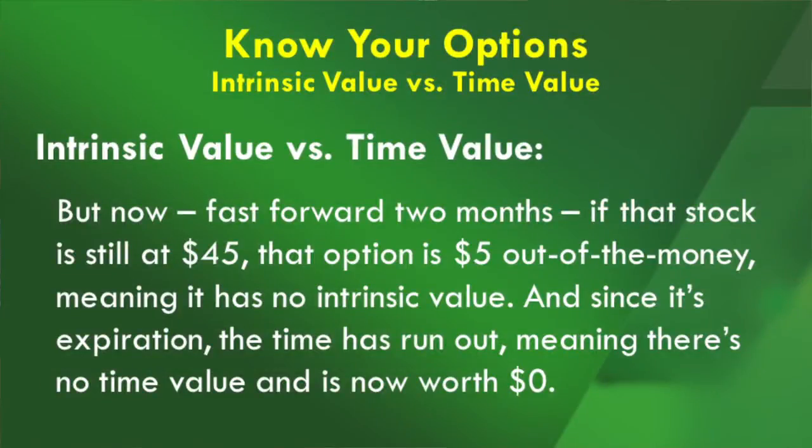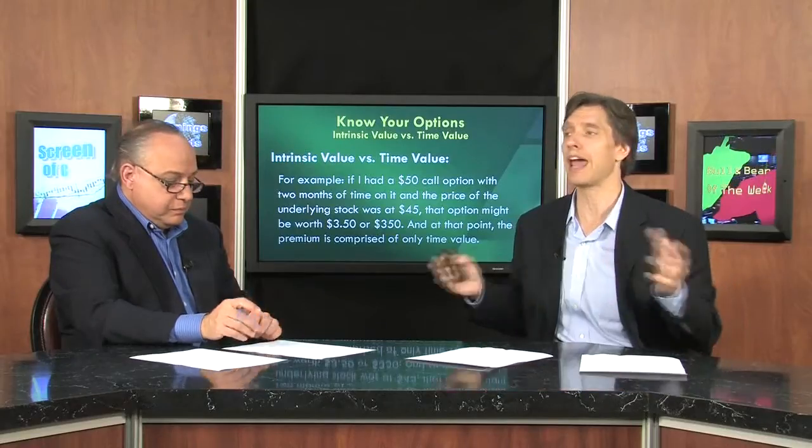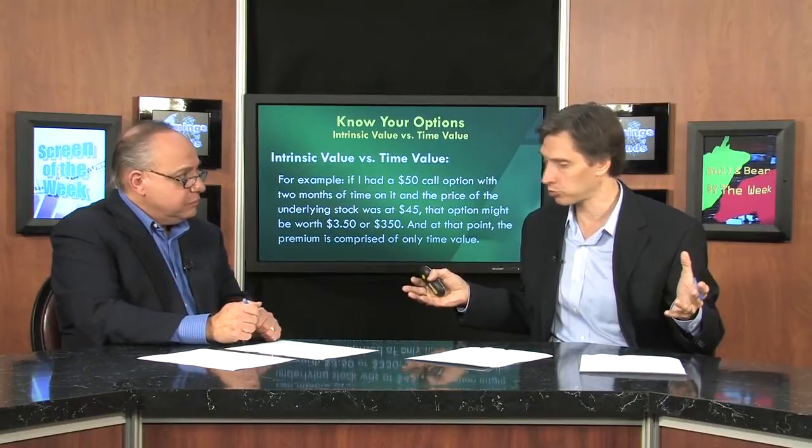Continuing on, now fast forward 2 months. If that stock is still at $45, that option is $5 out of the money, meaning it has no intrinsic value. And since it's now expiration, the time has run out, which means there's no time value. That means that option is now worthless. So you would have lost everything that you paid for the option.